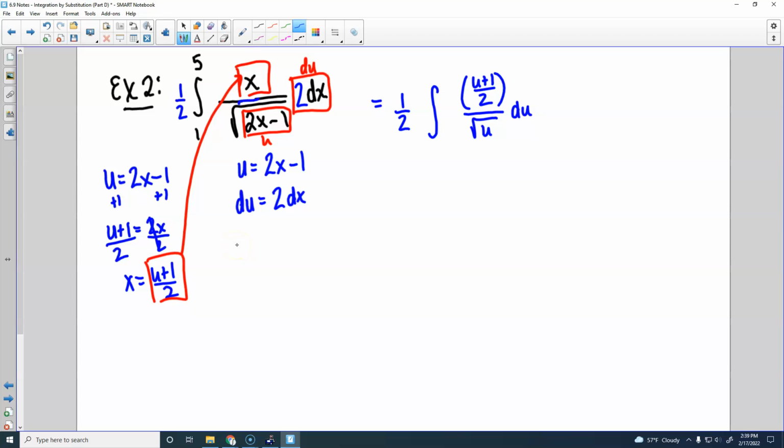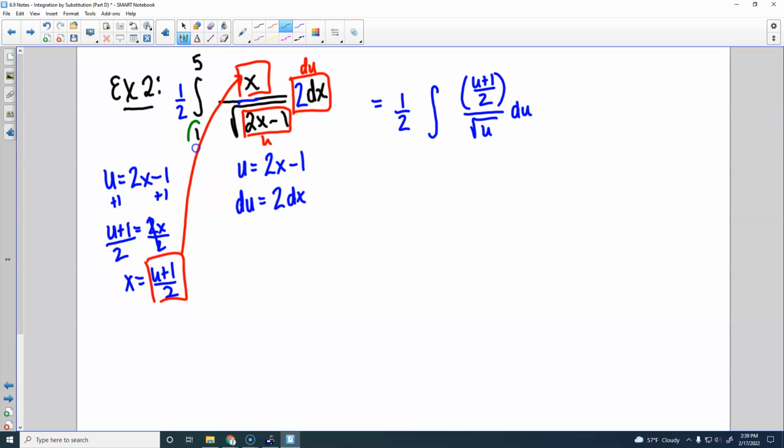A lot of times you'll also see this as just a straight setup problem. If you see it as a setup problem, there will be an answer choice that looks like this, where 1 and 5 are still your limits, where the limits have not been changed. It will be wrong. You will not choose that one. The one that you will choose will have the limits changed.